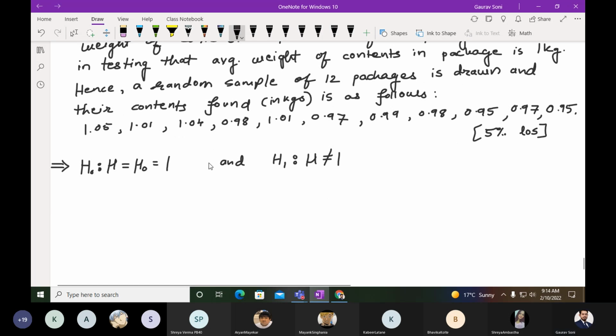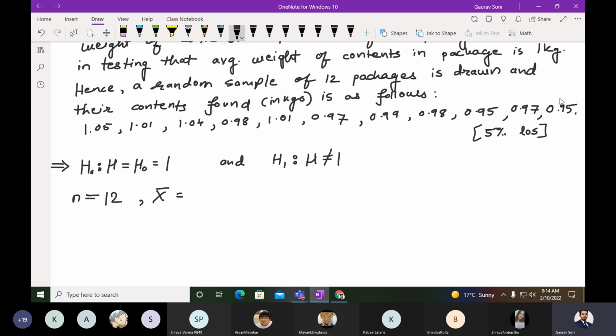Then what is the value of n? So out of all the production, you have drawn a sample. The sample size is 12, so the value of n is 12. Right? What was x bar? Remember, x bar was the mean of the sample.